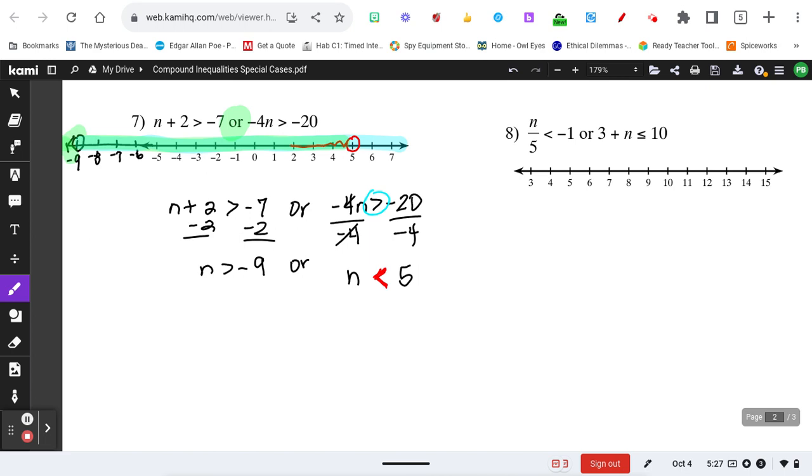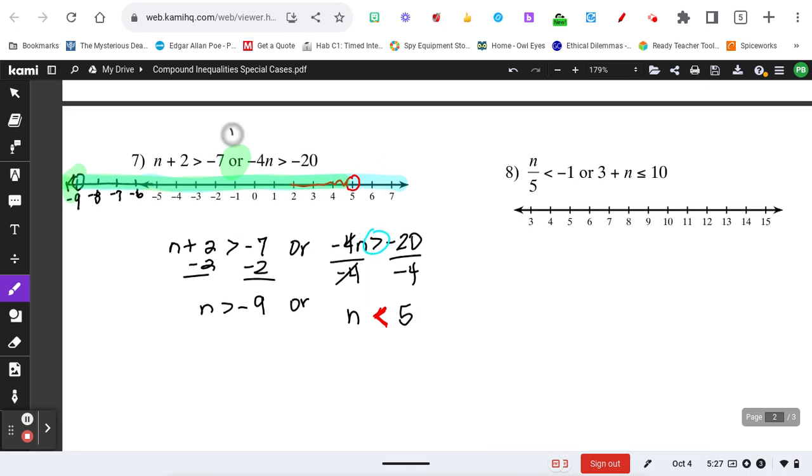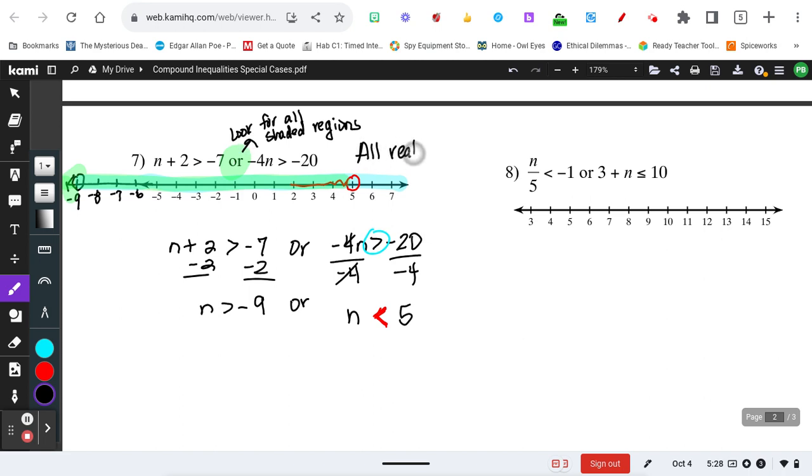So for or, you look for all shaded regions, because that becomes your answer. Okay, but everything's shaded. So this one is all real numbers.